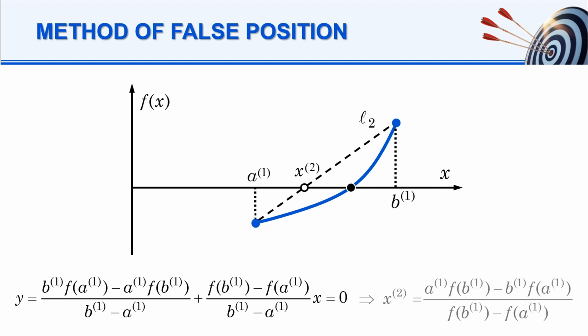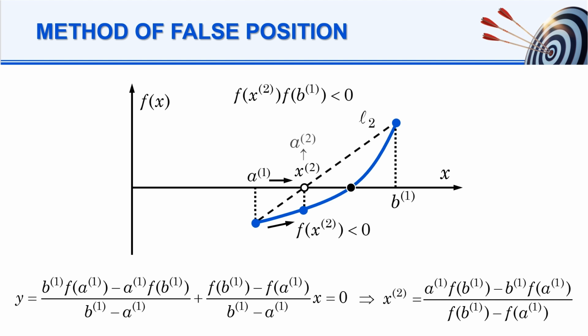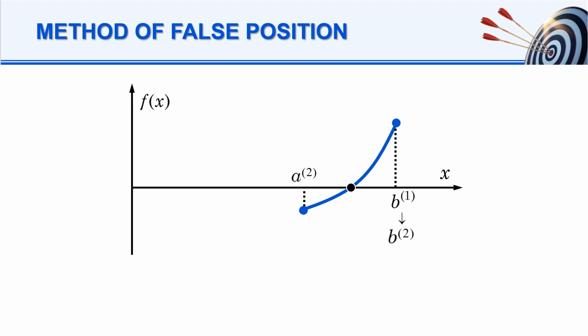The value of f(x2) is negative, and f(x2) times f(b1) is also negative, meaning that the root lies on the right side. Before the next estimation, we update a2 with x2 and b2 with b1. Although the b's have not changed, we note that the interval shrinks and the lower endpoint of the interval approaches the root. We repeat this procedure again.